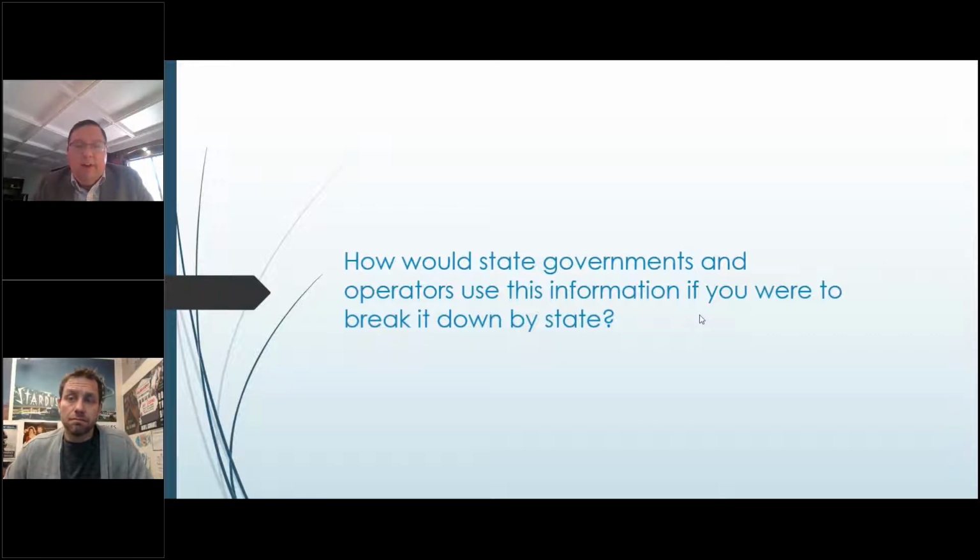And so if you have a state government that wants to know, okay, given the methodology you use, what's your estimate of such and such state's market size? I mean, the answer is really tricky, right? Because this really depends on the legislative environments in neighboring states and how much draw your state has from markets at those intersections.